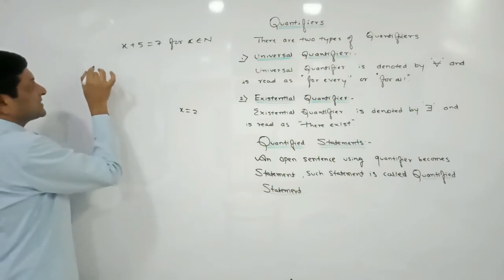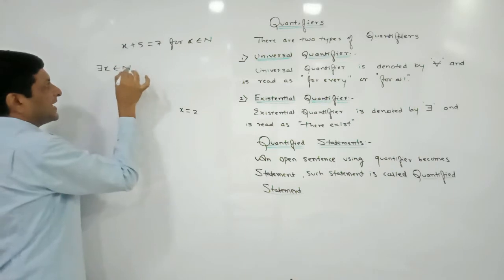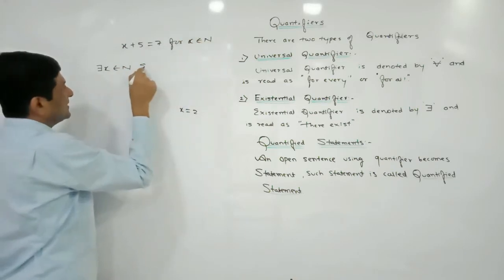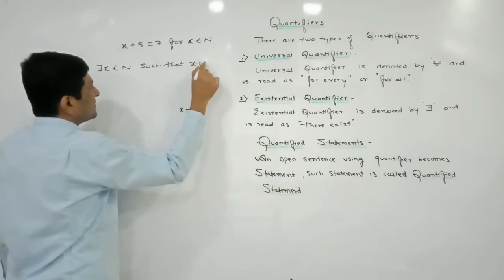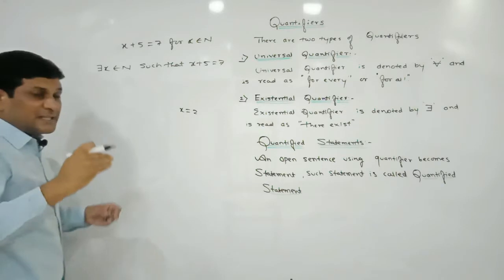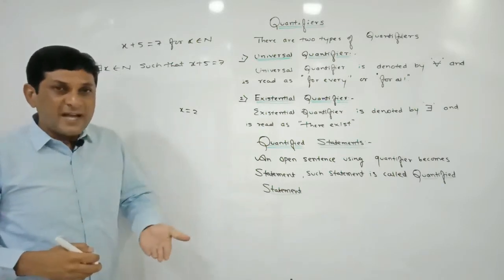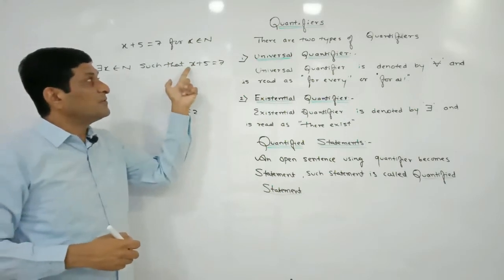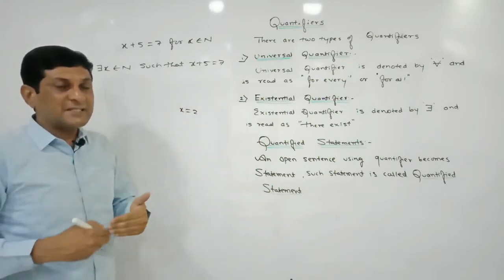In this open sentence, let us now use the existential quantifier. We can say that there exists x belongs to N such that x plus 5 is equal to 7. There exists x belongs to N means there exists at least one natural number where this condition is satisfied. Check: does there exist such a natural number?